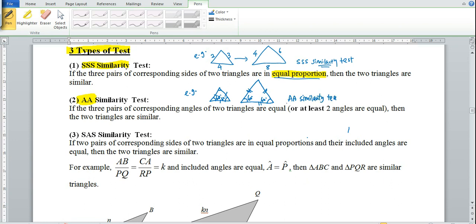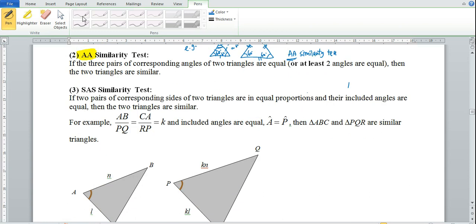Now for angle, angle, there is no need for a third angle because if I use 180 minus 60 minus 60, I will still get the third angle to be the same, even if I don't go and find it now. I only know there's 2 angles are the same. The third angle will also be the same because 180 minus these 2 angles will give you the third angle to be the same too. So I only need to state AA. There's no need for 3 A's.